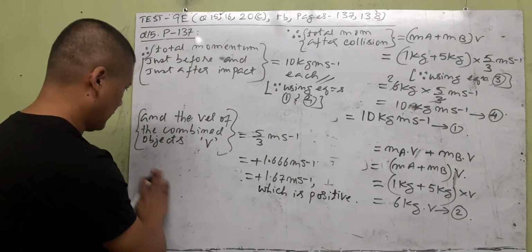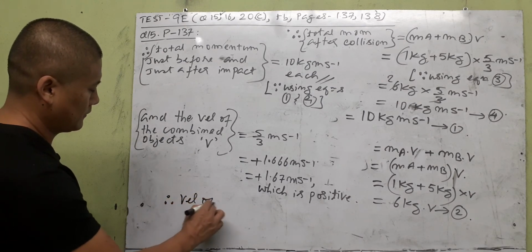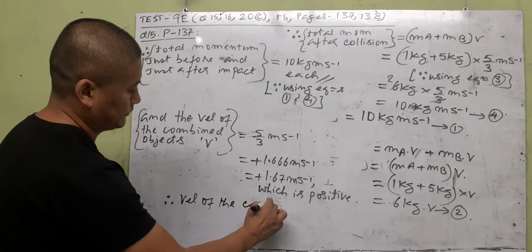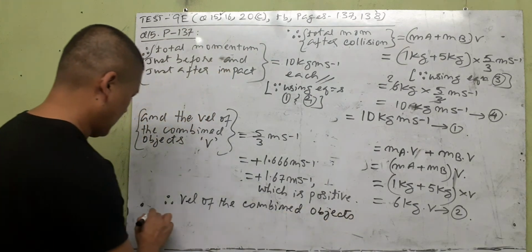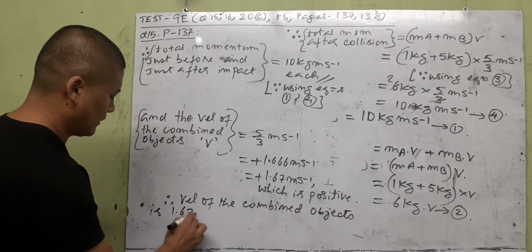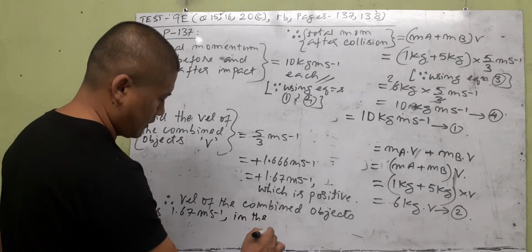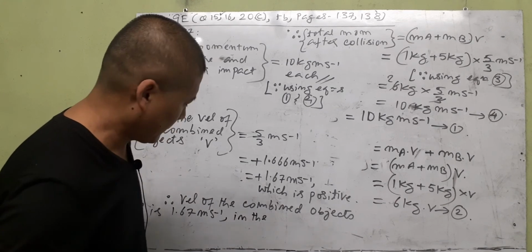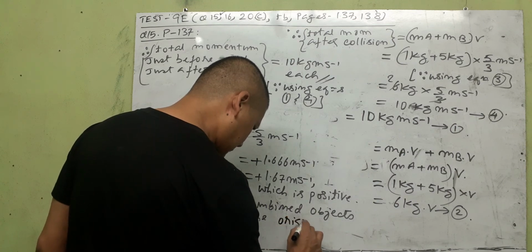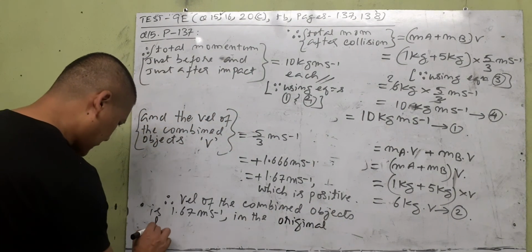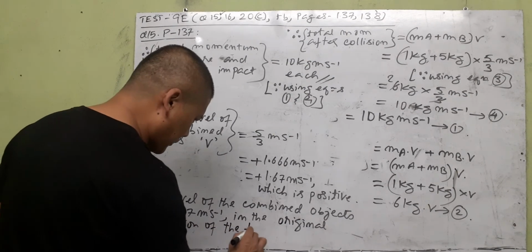Therefore, velocity of the combined objects, you can write your final answer, is 1.67 approximately meter per second, in the original direction of the first object, that means the moving object.